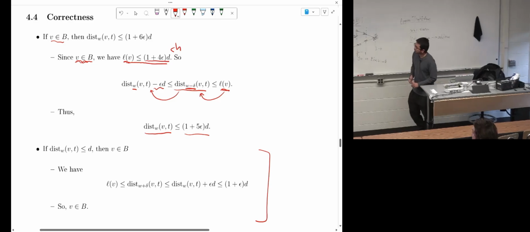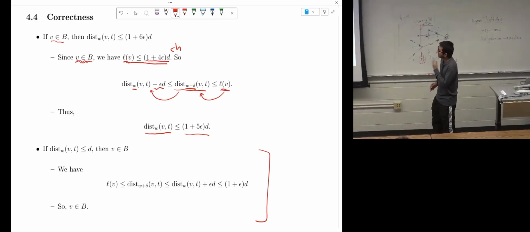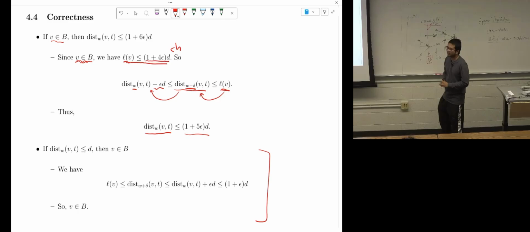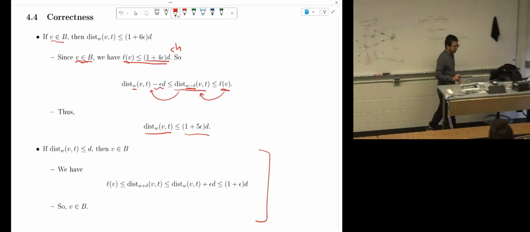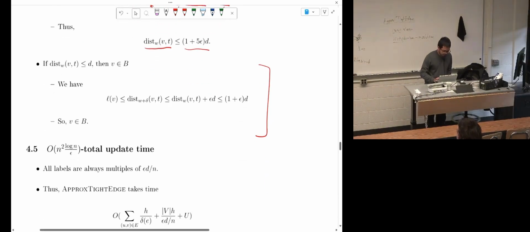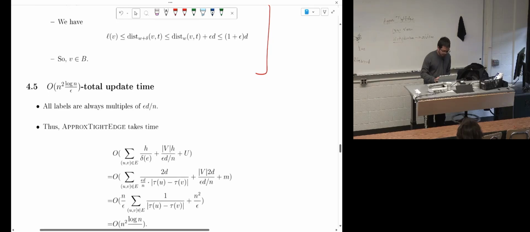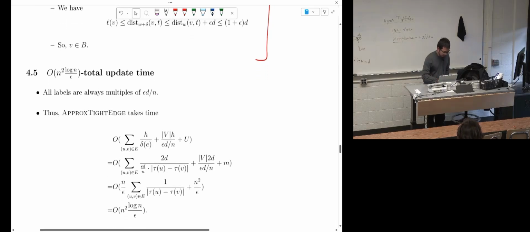So the proof, it seems to me, is a bit cleaner. And the running time is just the time to maintain the approx TightEdge data structure, which is this term.